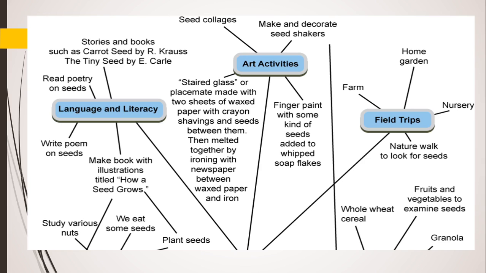If you take language and literacy: read poetry on seeds and write poems on seeds, study various nuts, make books with illustrations titled how a seed grows, and also stories and books, such as The Carrot Seed by R. Krauss, Tiny Seed by E. Carle, likewise.